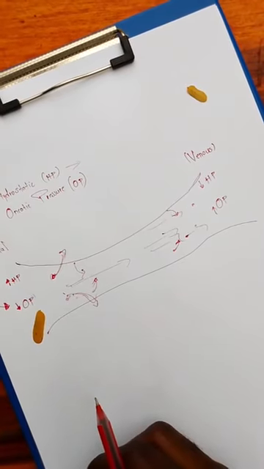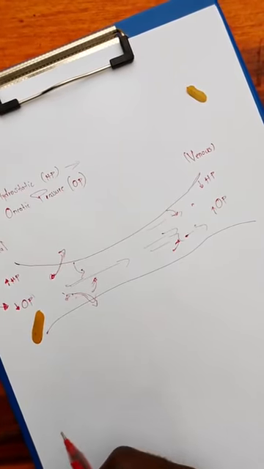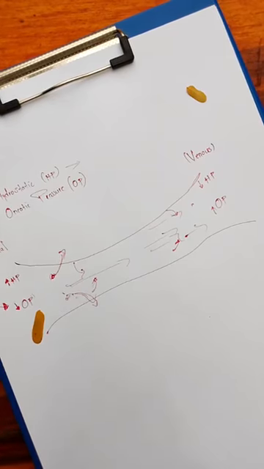This indicator dilution method involves using an indicator. Indicators are basically substances that are used for each particular fluid compartment. Each fluid compartment, like the extravascular, the intravascular, the extracellular fluid, has specific indicators or dyes that are used to measure it.